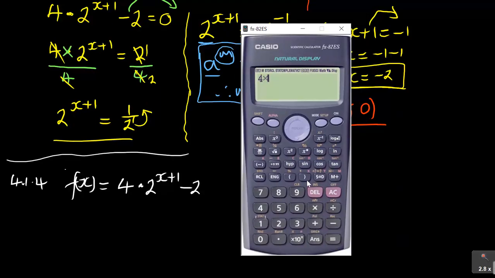I'll say 4 times 2 to the power of, let's start with 10, where my x is 10 plus 1 and minus 2, and you'll notice something. So it becomes in this case 8190. You see that? Now let's make it negative.